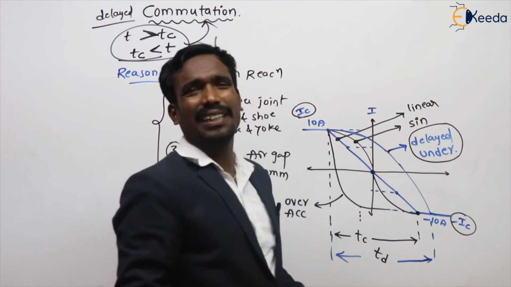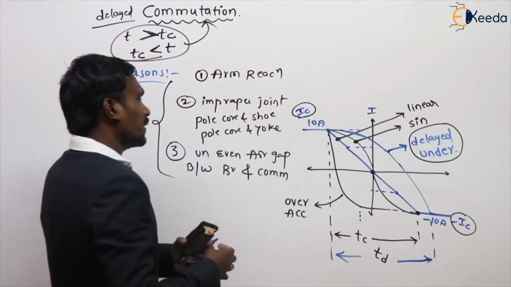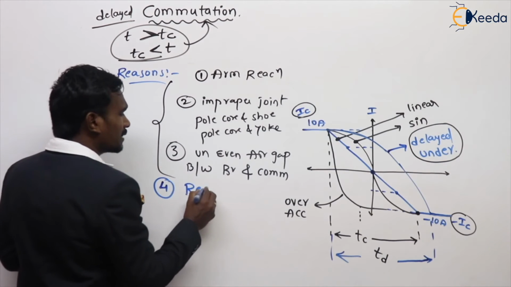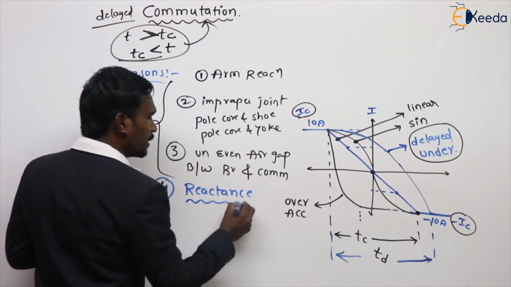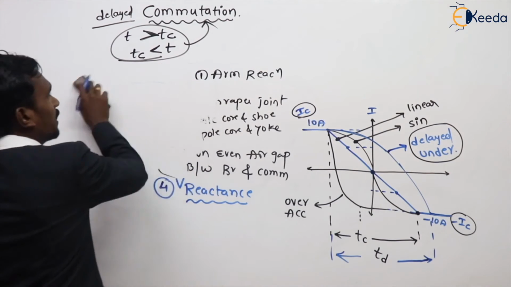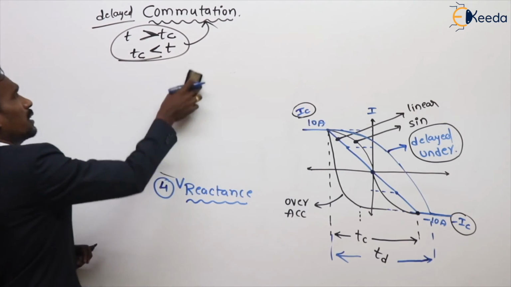Other than this, a very important reason for delayed commutation is reactance voltage. This is the main reason. Sir, what is reactance voltage?